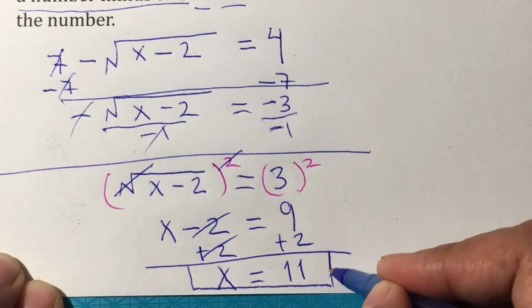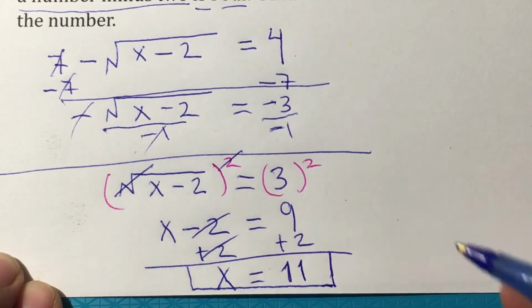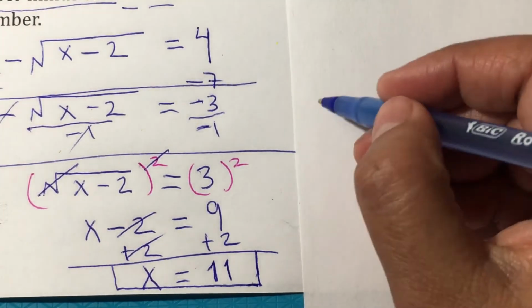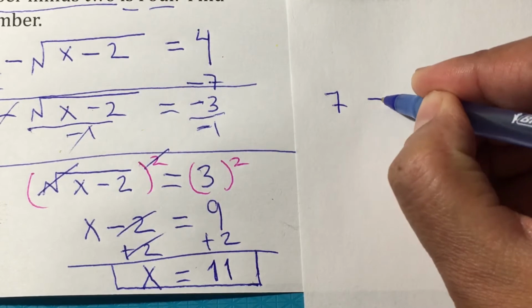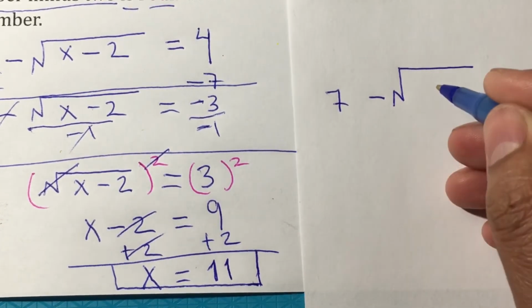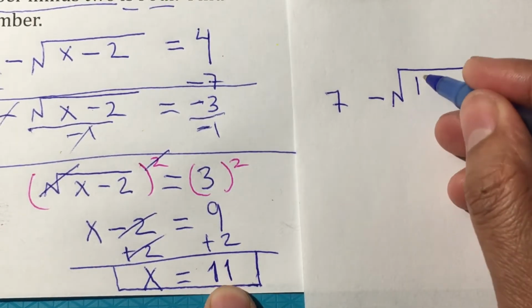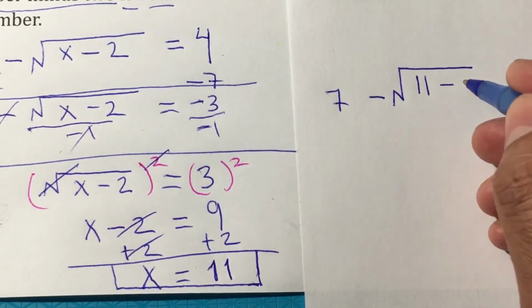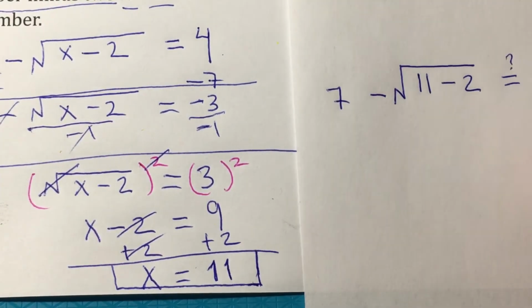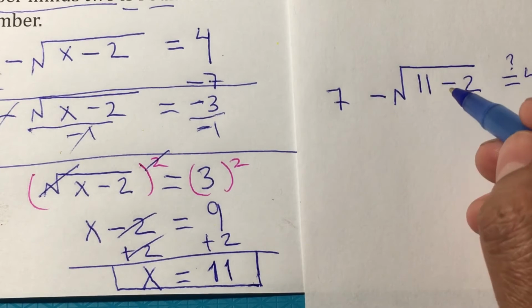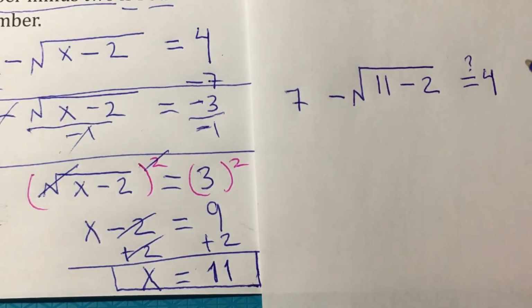Again, we need to check to make sure that is not an extraneous answer. Okay, and so we have 7 minus the square root of x, but we know that x is 11 minus 2. Is it equal to 4? We simplify this part first.